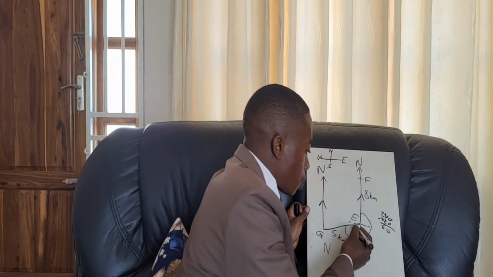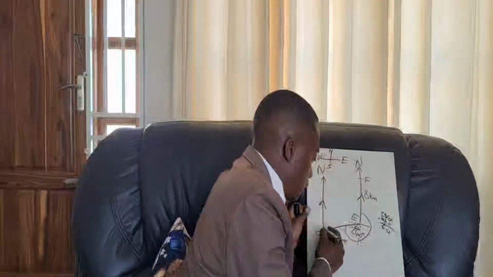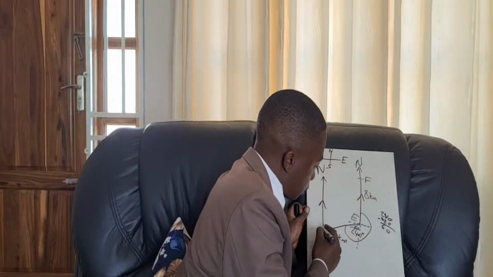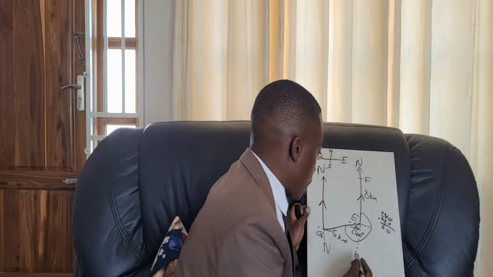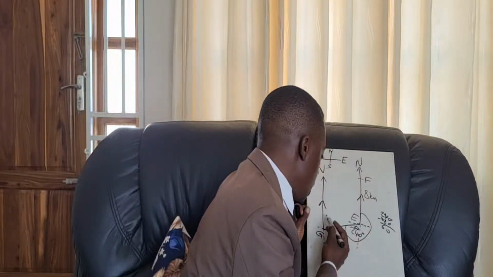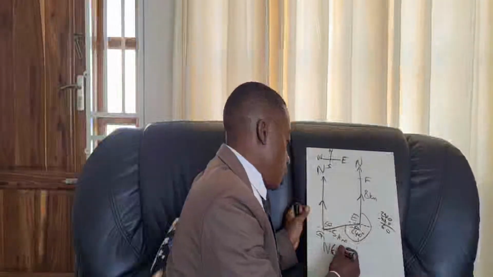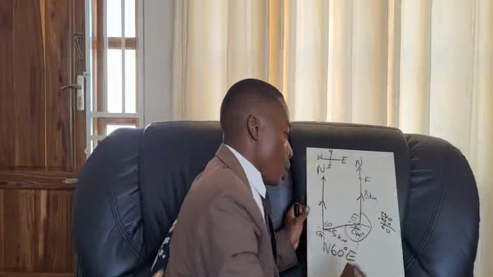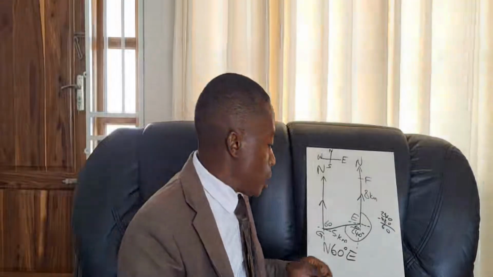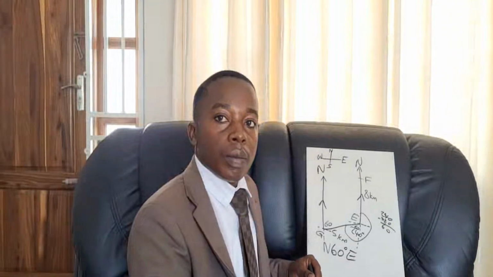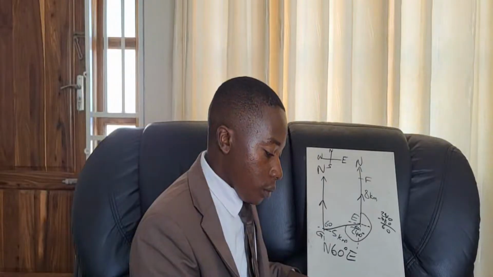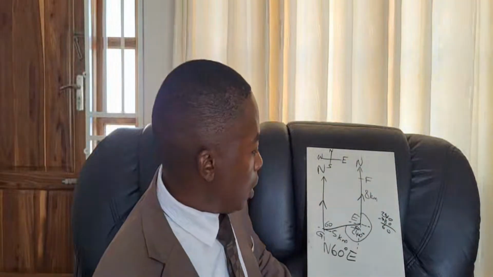So this is 60. If this is 60, this also is 60. So the bearing is north 60 degrees east. That's the bearing of E from G.